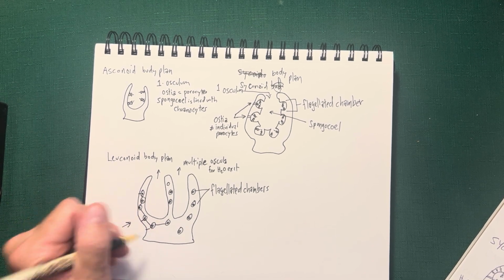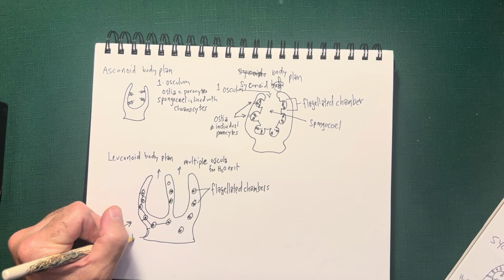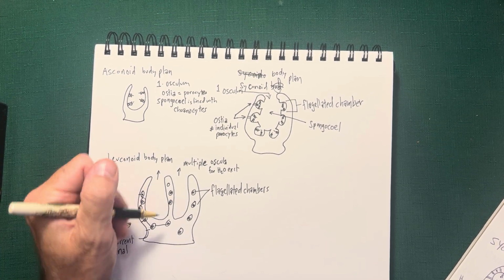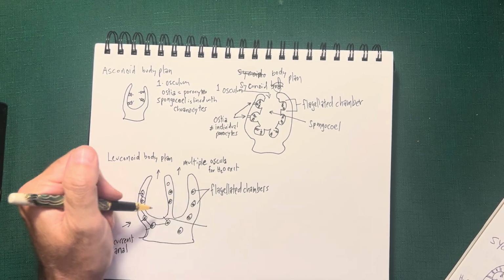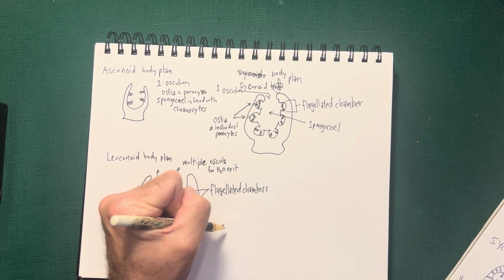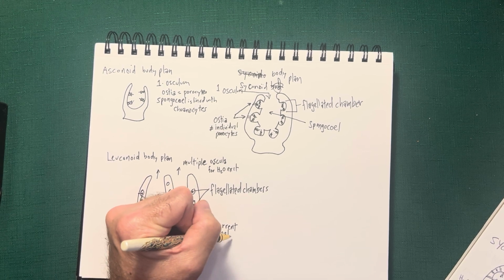So water flows in through in-current canals, and the in-current canals ultimately feed into the spongocoel through what are known as ex-current canals.